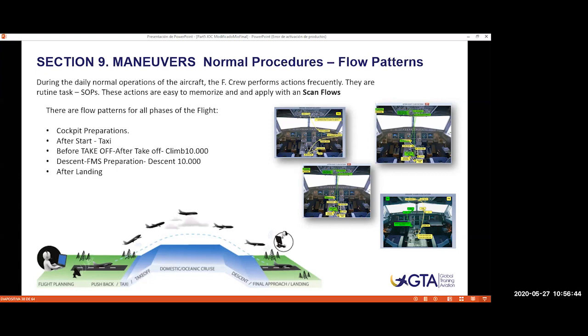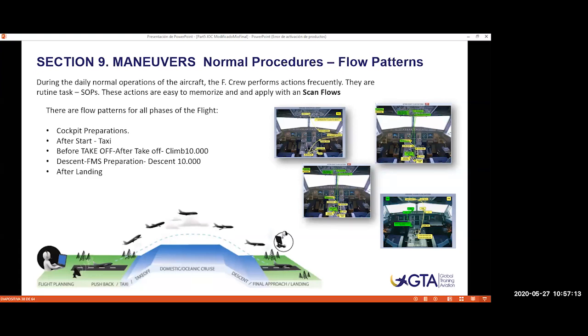And all of these procedures, we have to do from memory. There is one way to do it, called scan flows. So every part of the flight has its own scan flows that you have to do by memory.